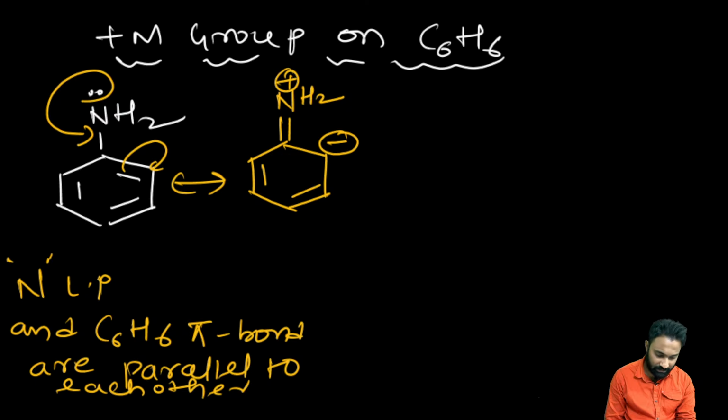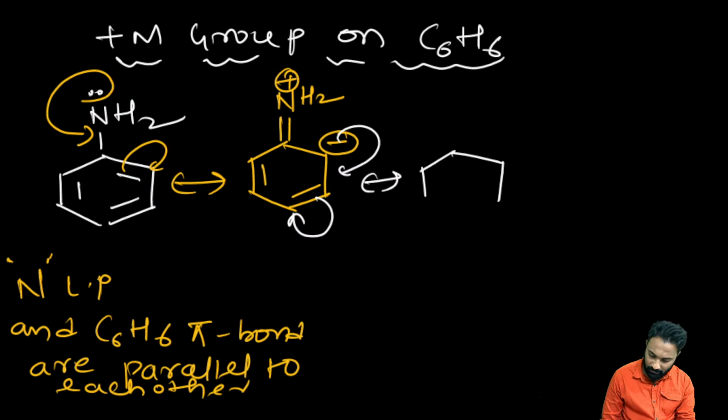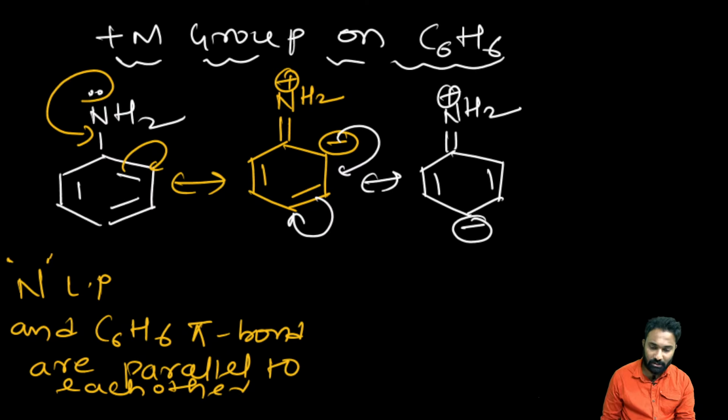Done. Next, again this negative charge will be delocalized, and this pi bond will be shifted here. Now this carbon will get the negative charge, and here the pi bonds, and here the N with a plus, and here H2.